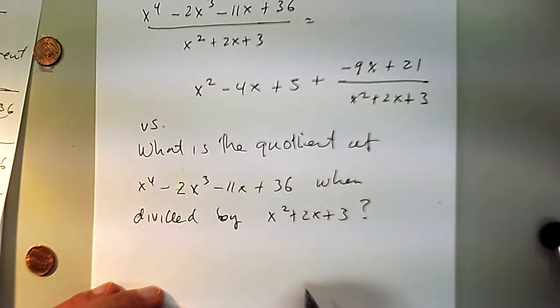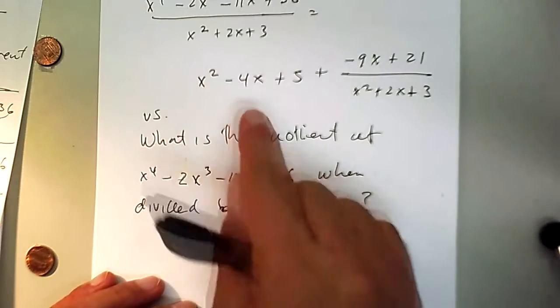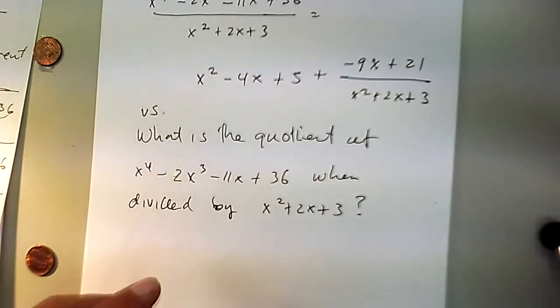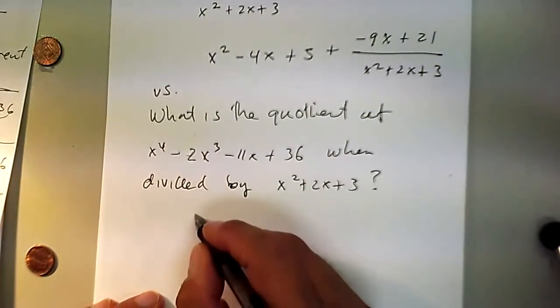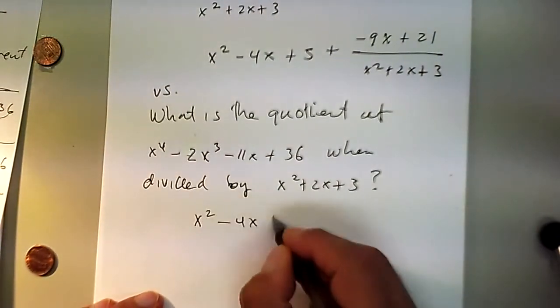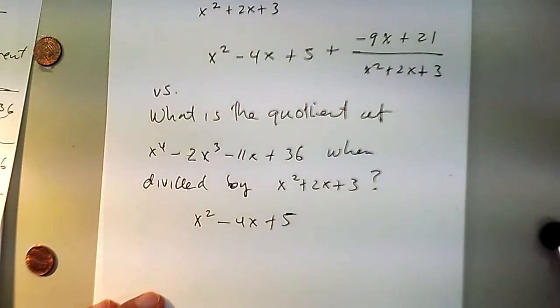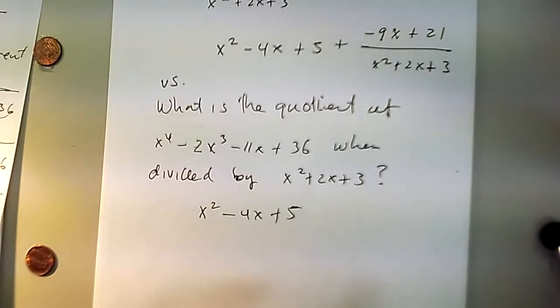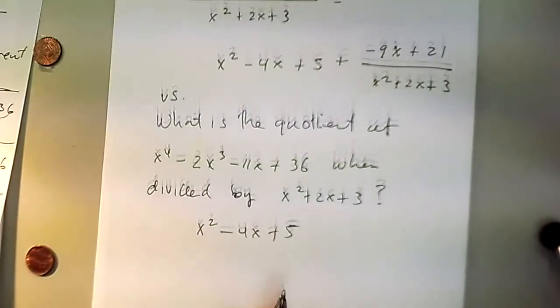In that case, the answer is just this guy, because quotient implies the remainder is not taken into account. So it would be x squared minus 4x plus 5. And then there is a remainder left over. So be aware of that.